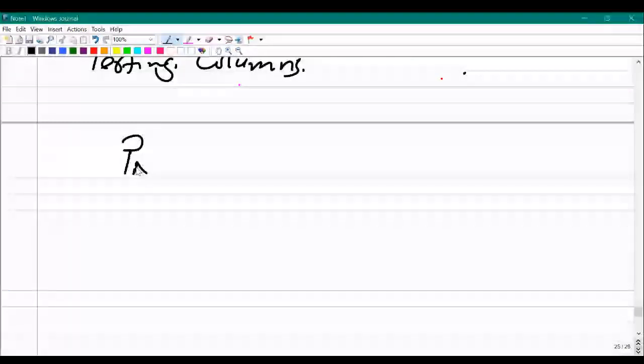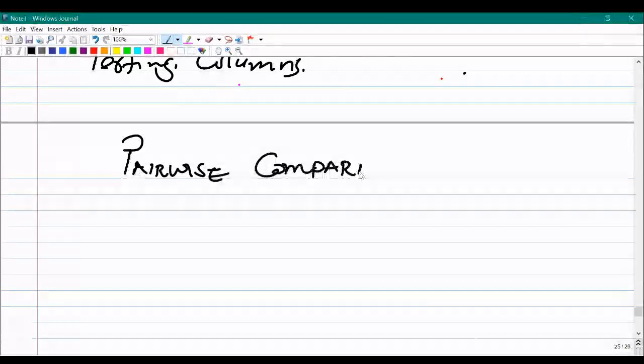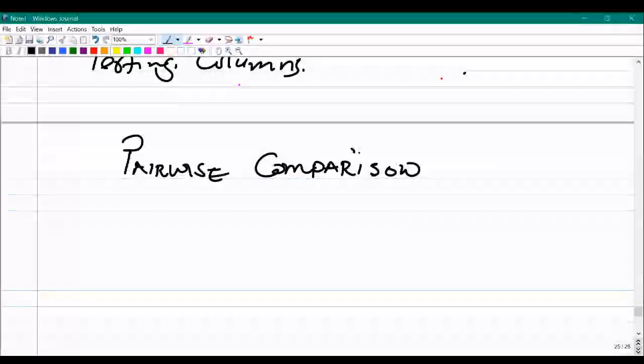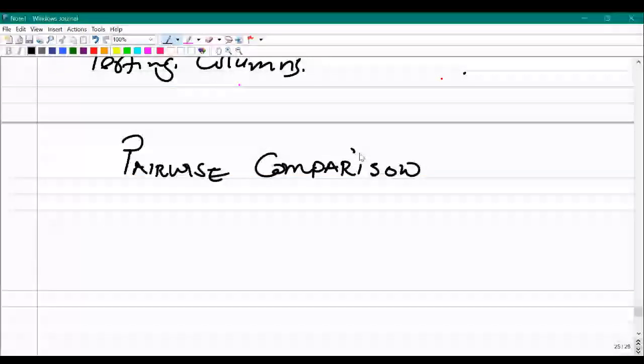Now we move to pairwise comparison. What I can emphasize, guys, the only thing that is changing is the standard error. For all these things, it is the standard error that will be changing.